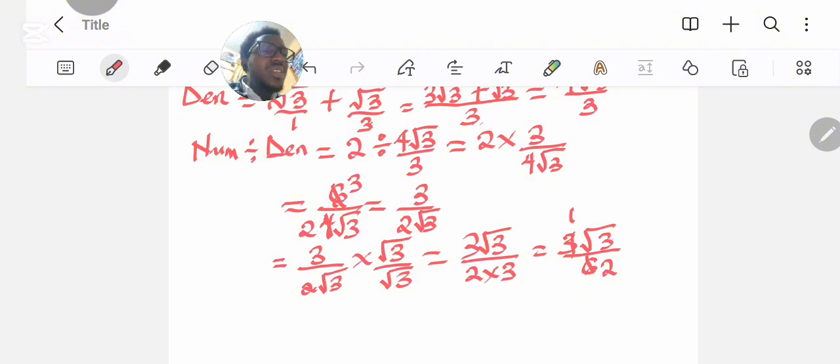This 3 cannot go in this 6 because this 3 is under the roof of the square root sign, so it cannot divide it. It's a surd. It is this 3 that is outside that can divide the 6. So our final answer is going to be root 3 over 2. That is our final answer.